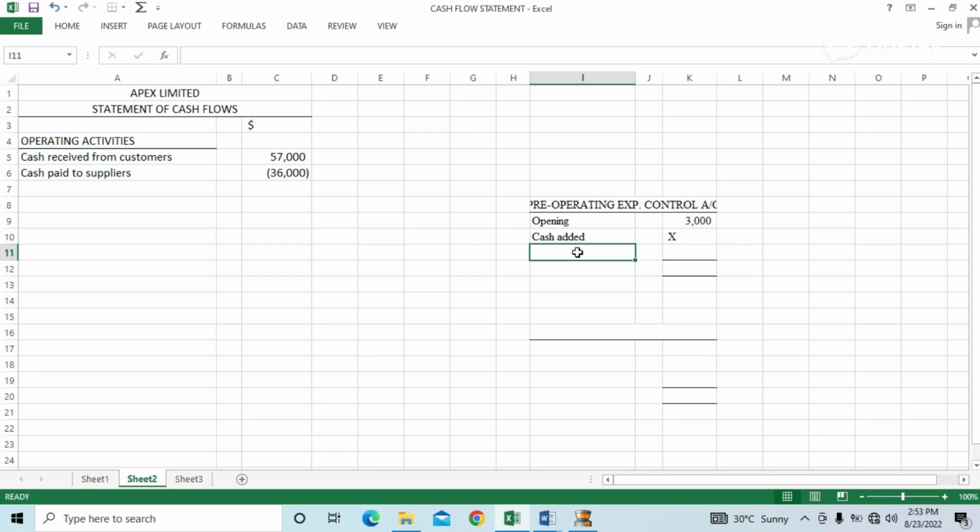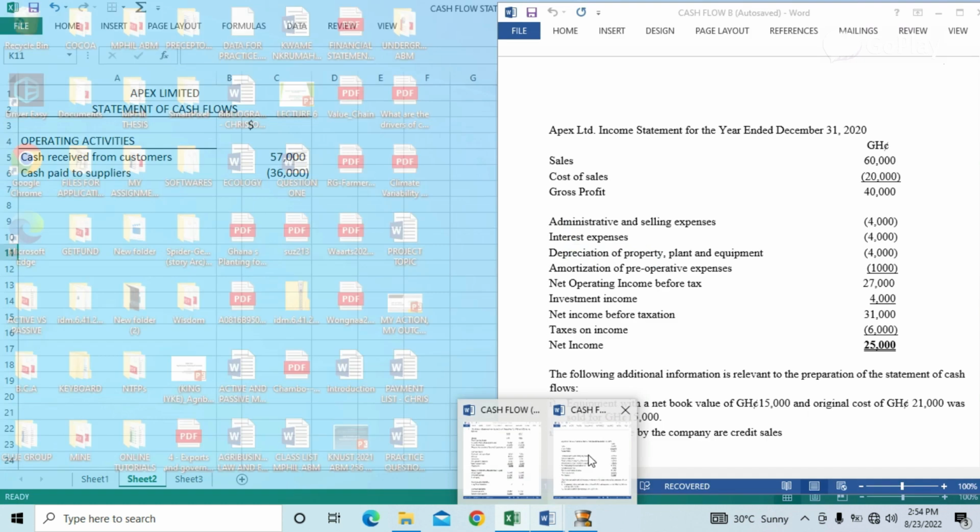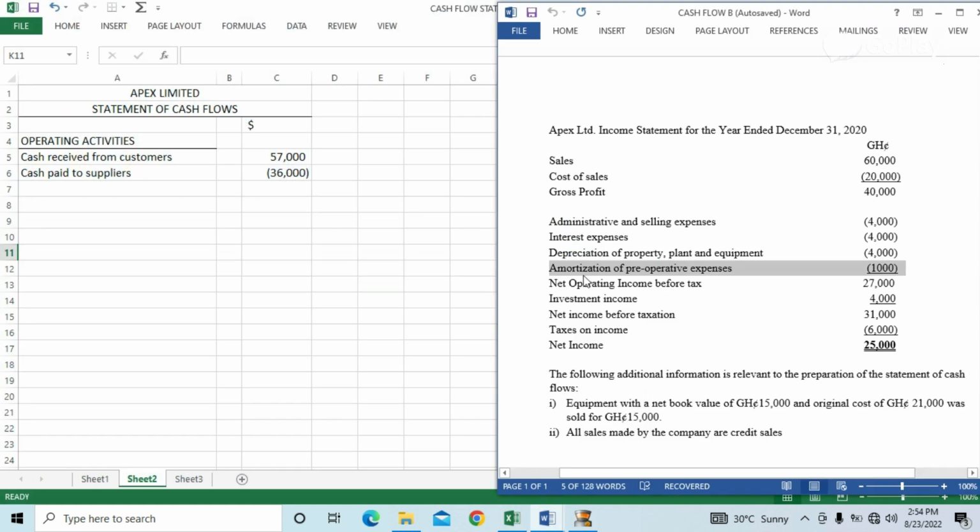Then the actual operating expenses in the income statement for the year 2020. I think that was 1,000 cedis. Let's check. Okay, amortization, yes, 1,000 cedis.